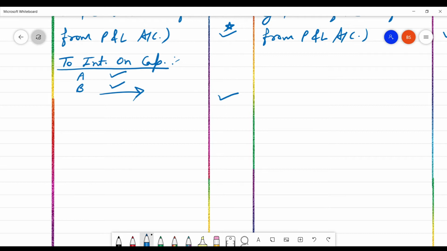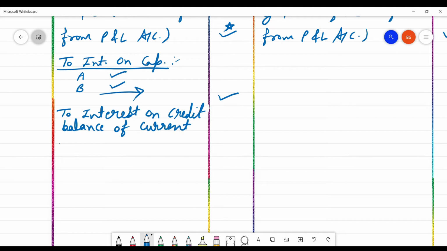We will write to interest on current account on credit balance of current account of partners.